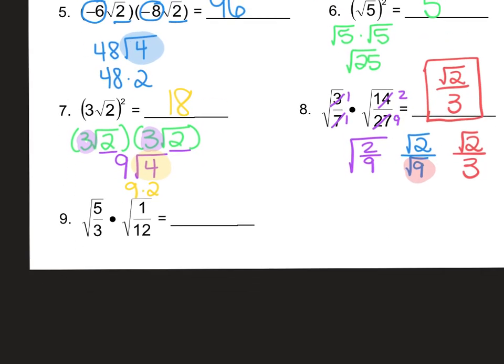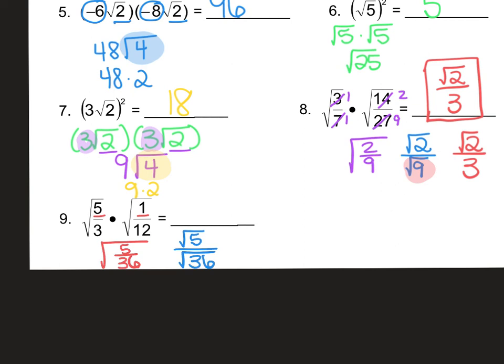Again, for number 9, I would look to see if I can simplify. 5 and 12 don't go into each other, and 3 and 1 don't. So I would multiply 5 and 1 to get 5, and 3 and 12 to get 36. My next step is to separate it out into the square root of 5 and the square root of 36.